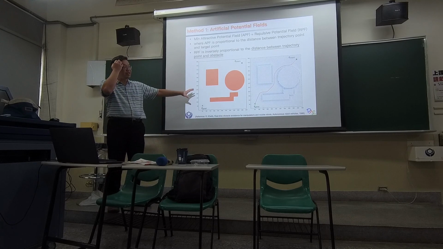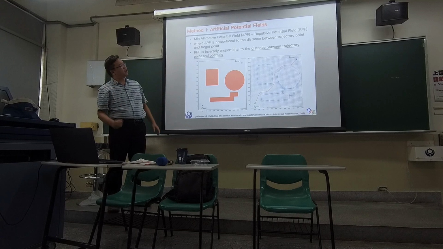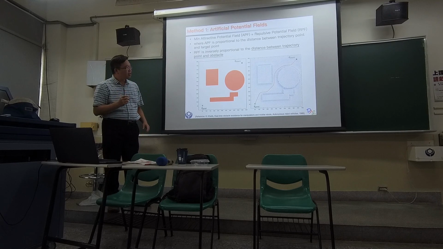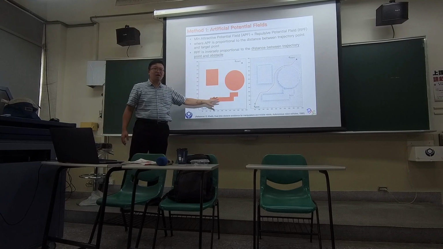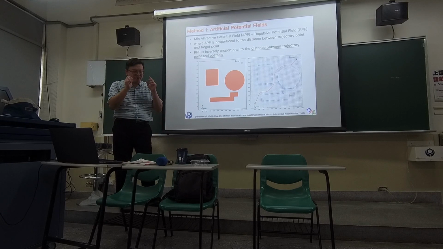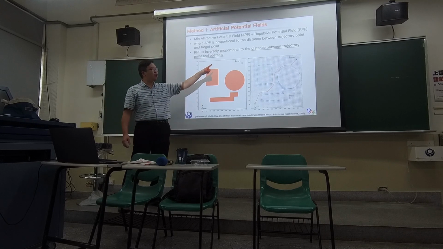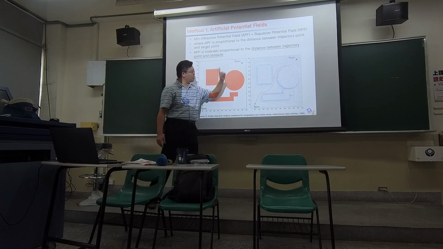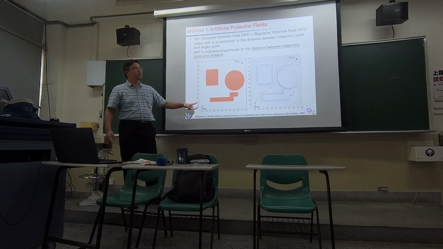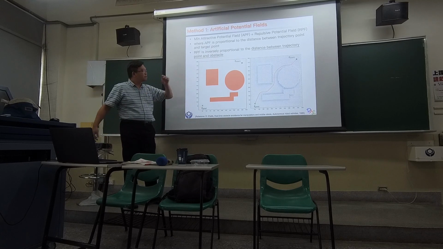Okay, it's very commonly used with this potential field method. Of course, the assumption is you need to know where are the obstacles. Those are obstacles. Then you have a starting point. You have an end point. So you know all the coordinates.